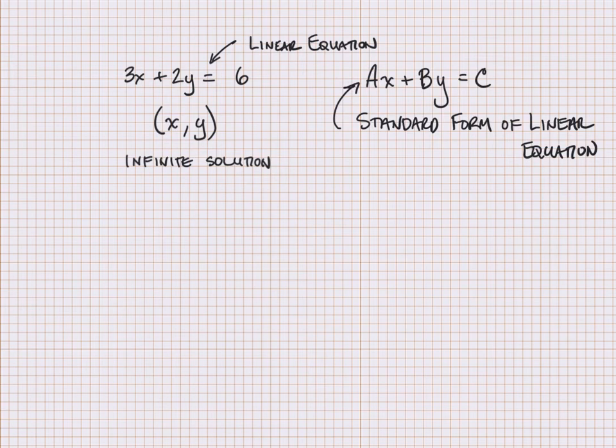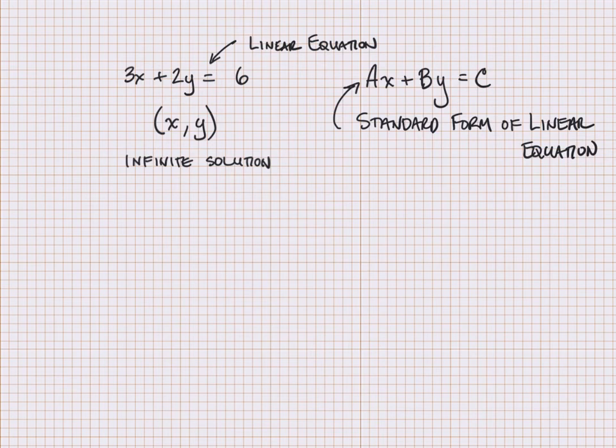And they don't have to be, but typically they're going to be integers. But once you get out into the workforce and move up in math, you're going to have coefficients that are decimals and fractions and all that.